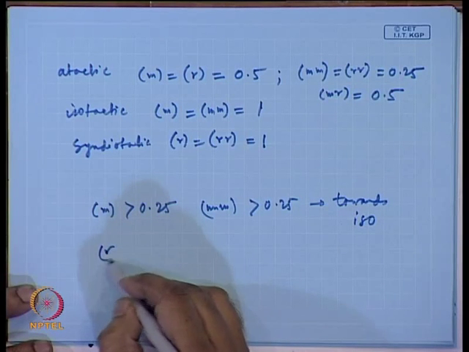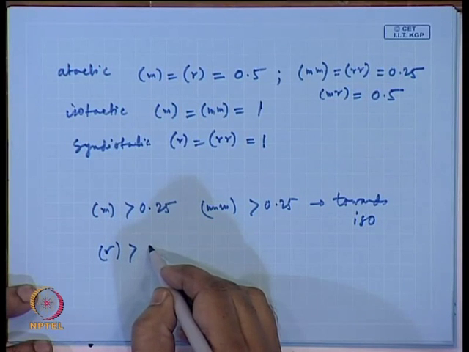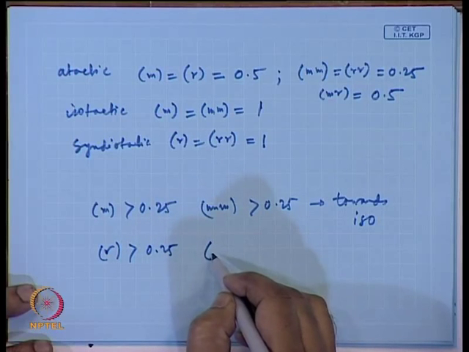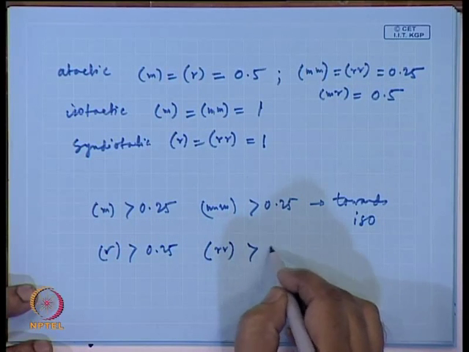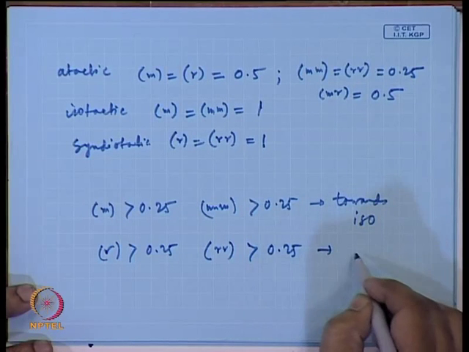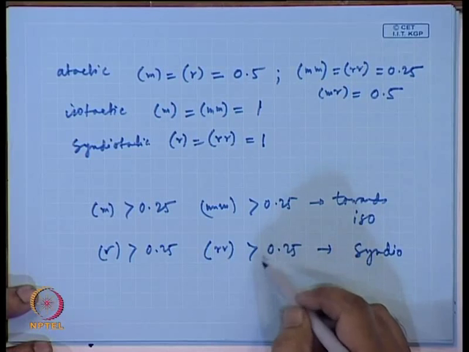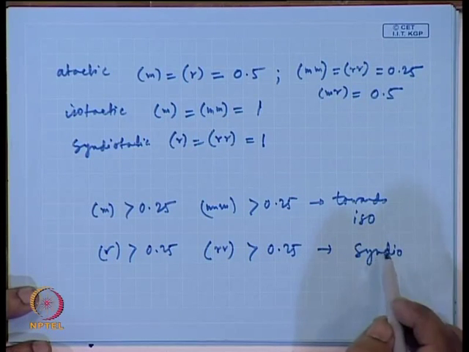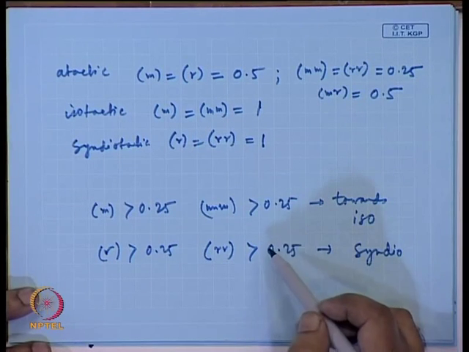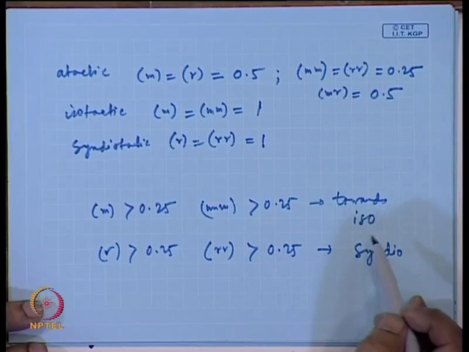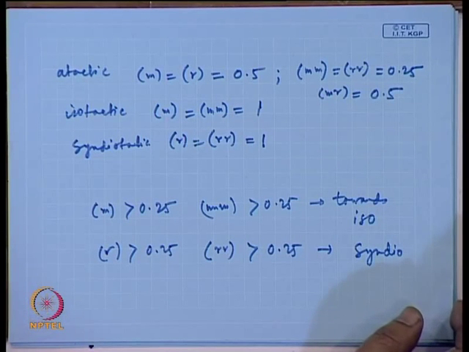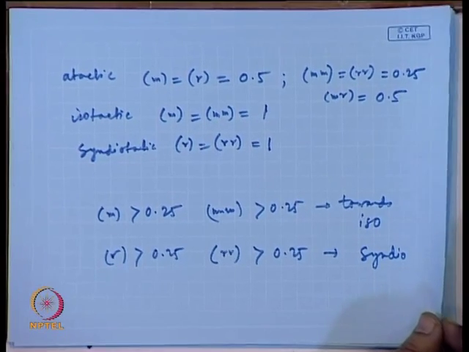If R is greater than 0.5 and RR greater than 1/4, then it is towards syndiotactic, that you can conceive yourself. If there is a mixture, then it is a mixed stereochemistry polymerization.